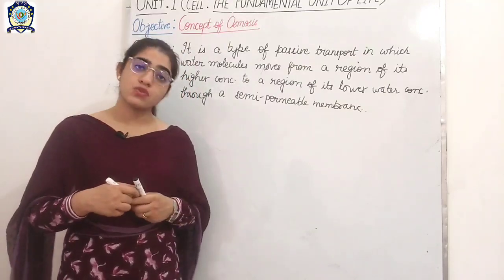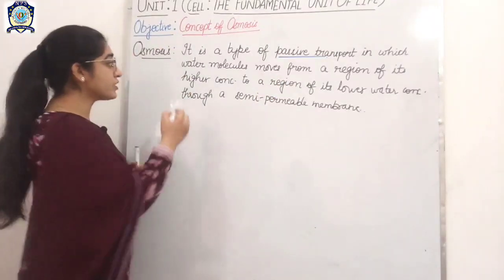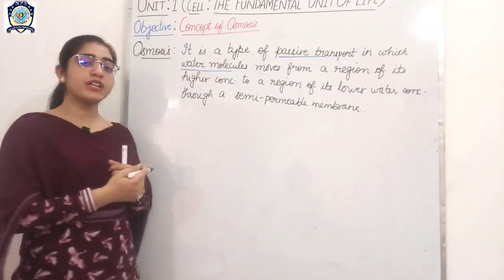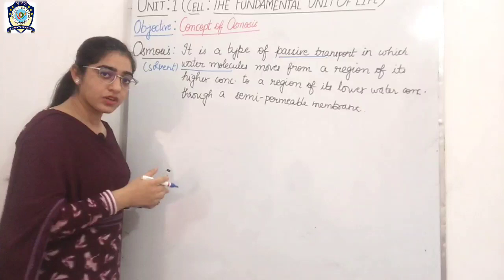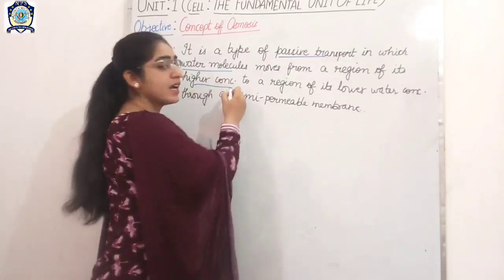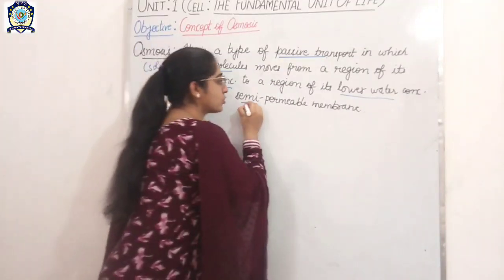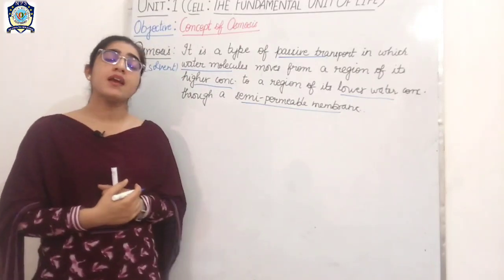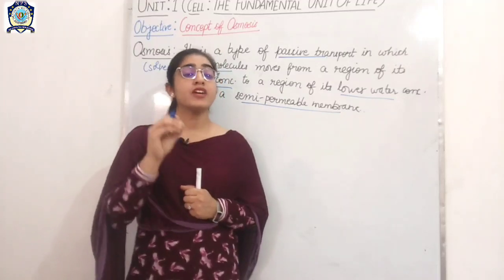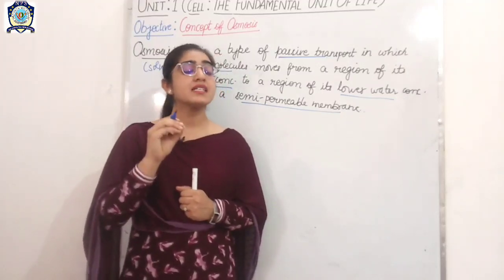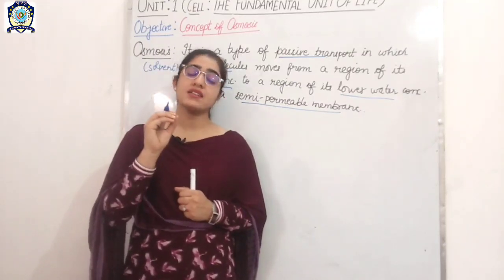But in case of osmosis, again a type of passive transport, water molecules, or you can say solvent molecules, move from a region of higher concentration to a region of lower concentration, but through a semi-permeable membrane. Now, what is a semi-permeable membrane? A membrane which allows only selected material to move in and out of the cell.